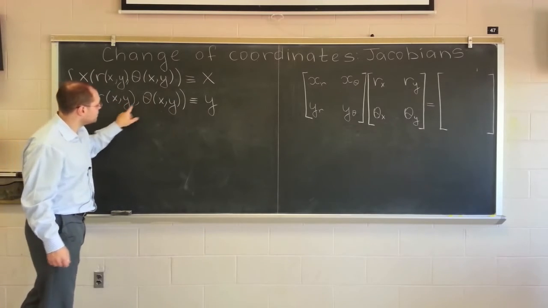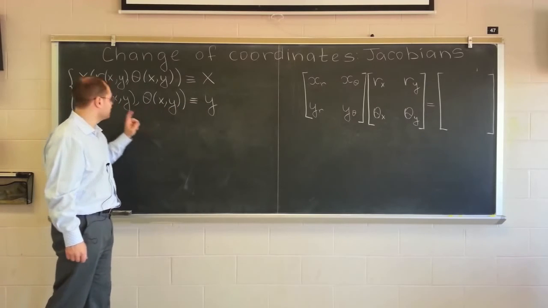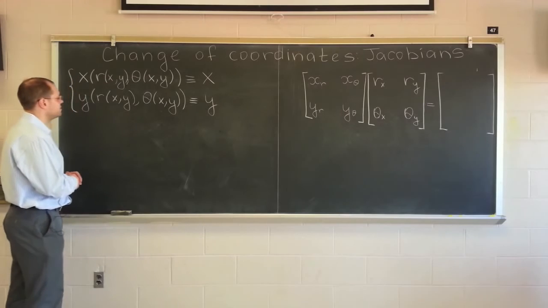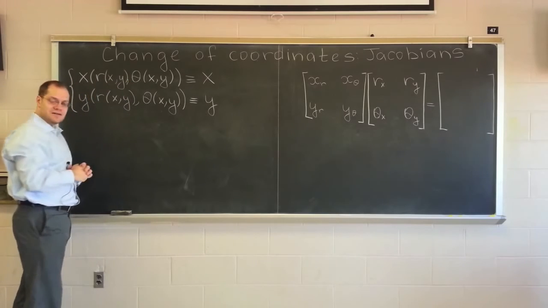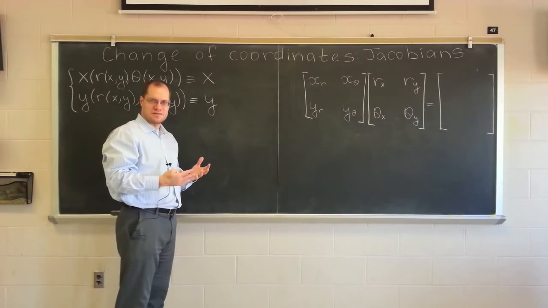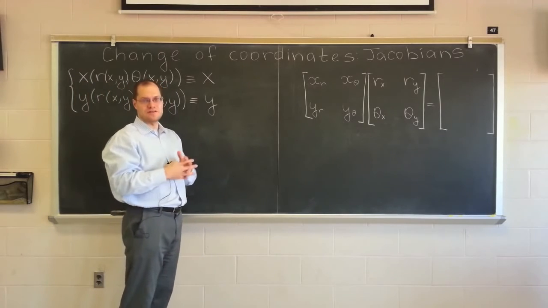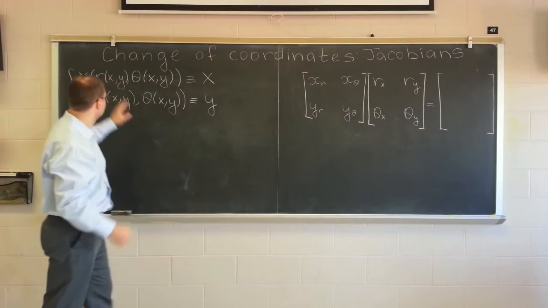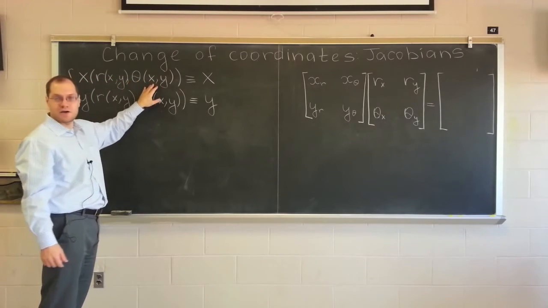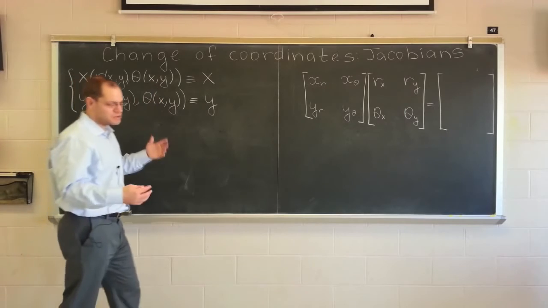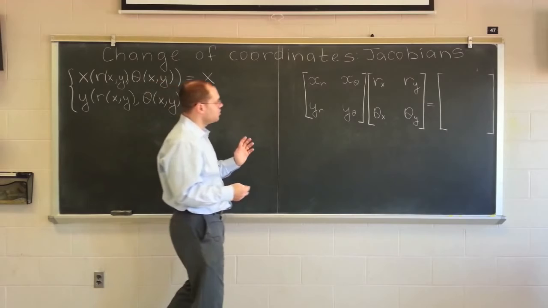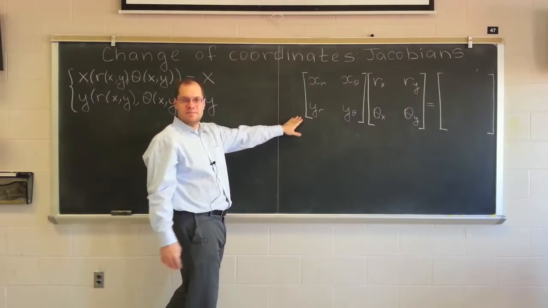This y is the independent variable, as well as x. And here y is also the independent variable. While r and theta are not the independent variables, they represent functions that are used to represent coordinate changes. So it might be square root of x squared plus y squared, and arctan of y over x, or a more general coordinate change.